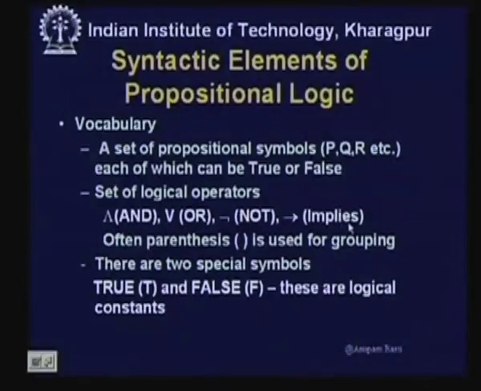Time and again I was saying that any proposition can have the value true or false, and therefore true and false are two very important logical constants that we will be using all through. So basically we have seen that there are four basic operators besides parenthesis: and, or, not and implies.